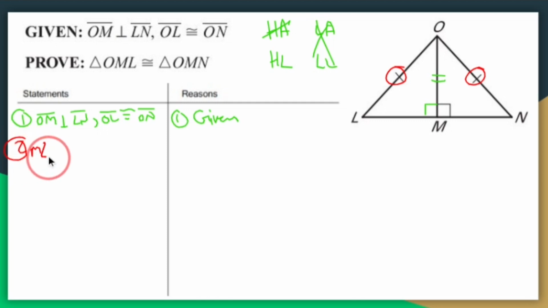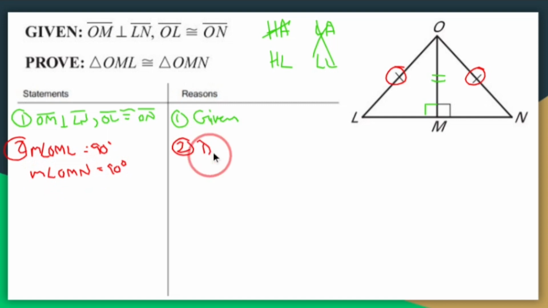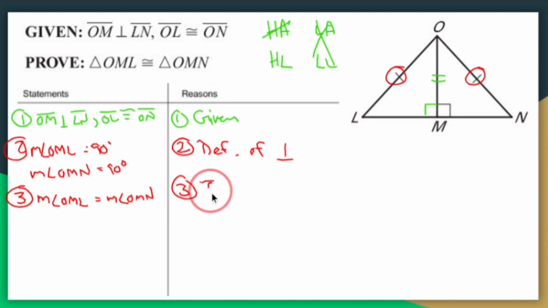So the measure of OML equals 90 degrees, and the measure of OMN is 90 degrees, and this is by definition of perpendicular lines. Which means we are allowed to say that the measure of angle OML is congruent to the measure of angle OMN. And that is through the transitive property.